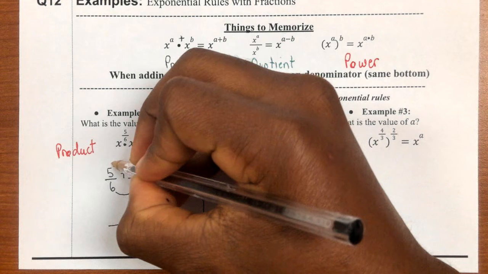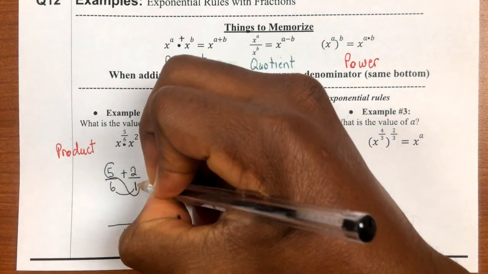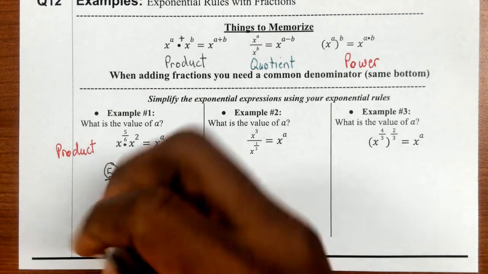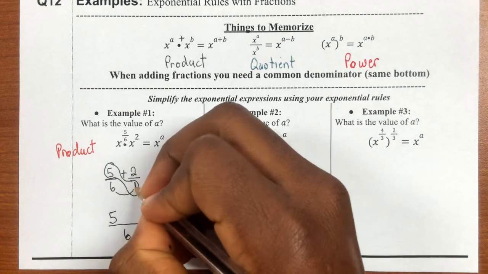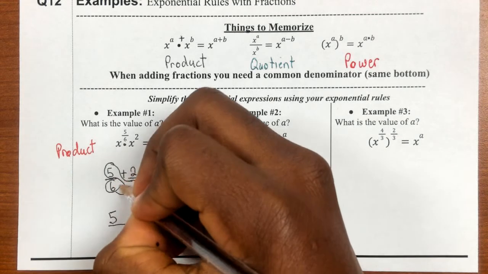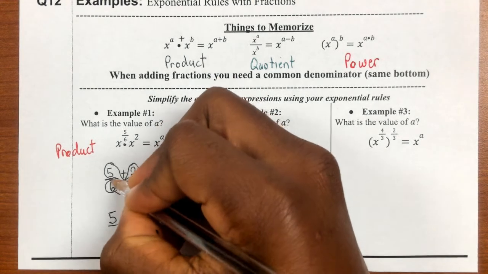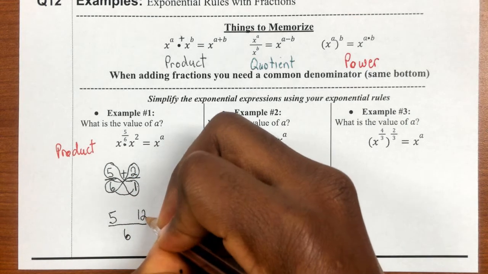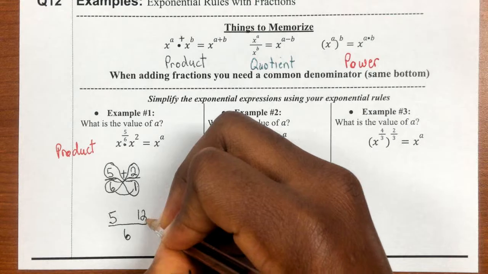Then I cross multiply this way first. 5 times 1 is 5. You always cross multiply this way first. Now I cross multiply this way second. 6 multiplied by 2 is 12. So I put it over here on the right side.